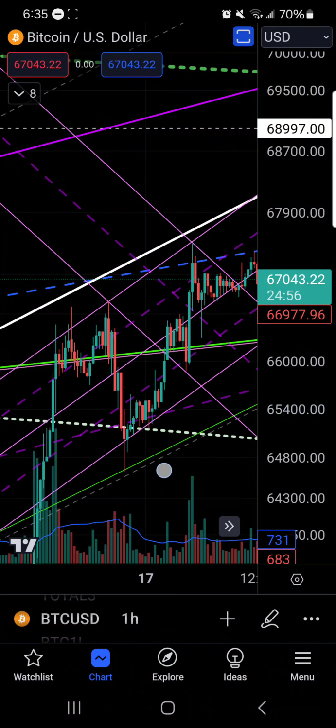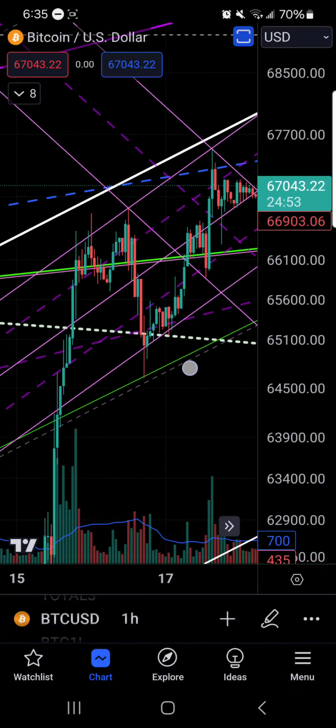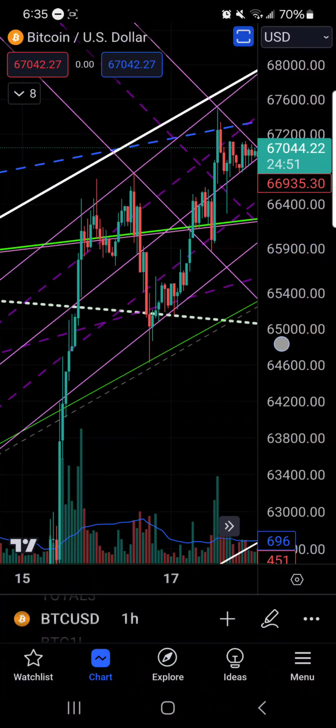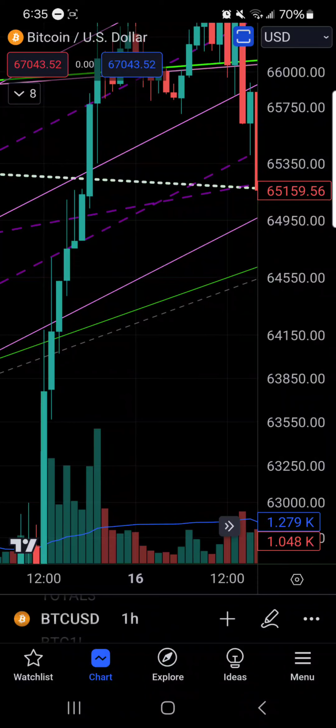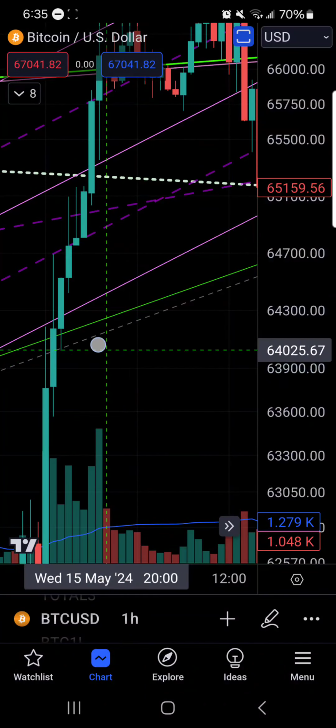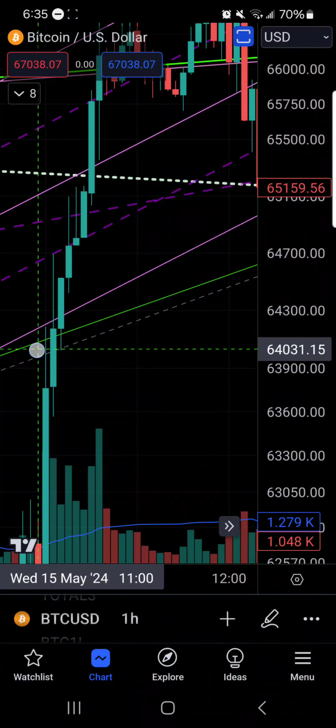So it's very accurately describing where we are traveling currently. Even all the way back here, capturing that wick. And you can see right there.